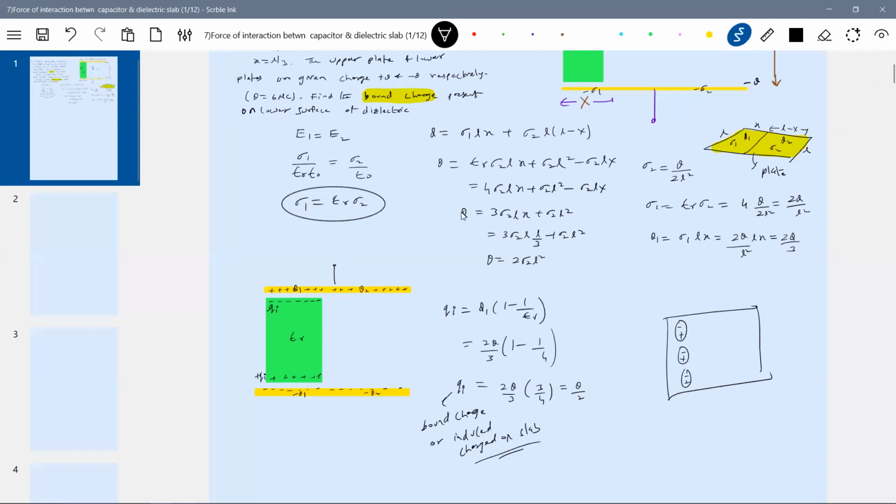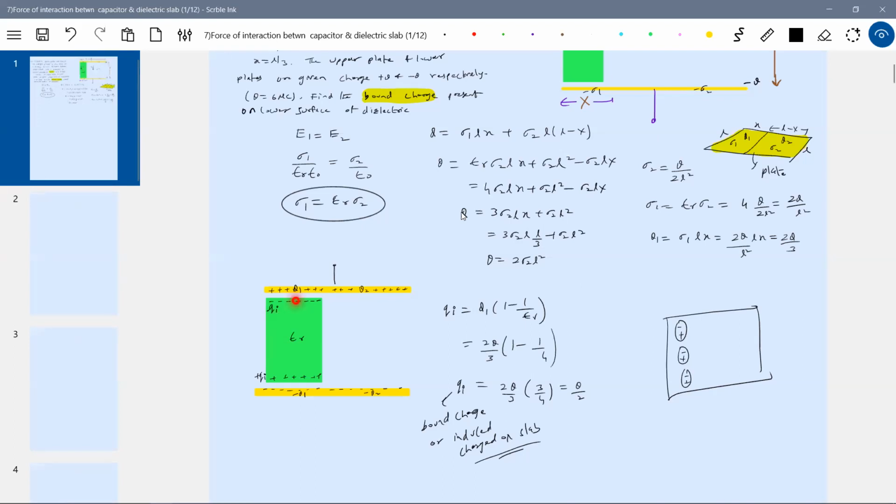So lower surface means, again, sir, is he asking this one? Yes, you can put it here. Upper surface, lower surface, but this charge don't show on the top. He's asking this magnitude plus QI. I agree, but you have to show this minus QI and plus QI not on the top, somewhere inside. He's asking this QI, the magnitude.